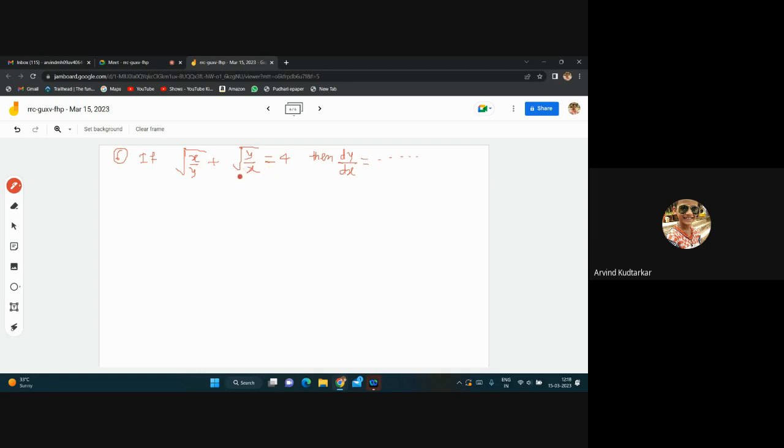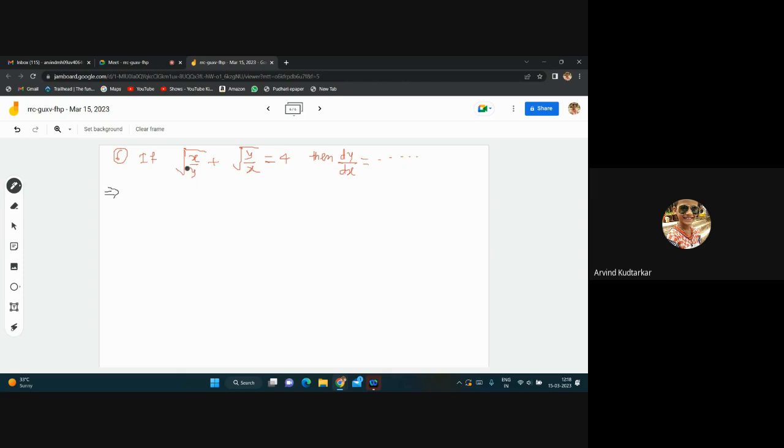Just squaring and simplifying. If you square this, which terms will be there in LHS? If you square (a plus b) square, what will it be? a square plus b square.